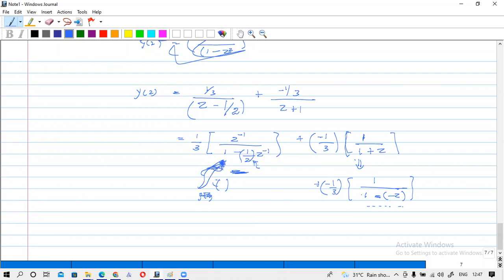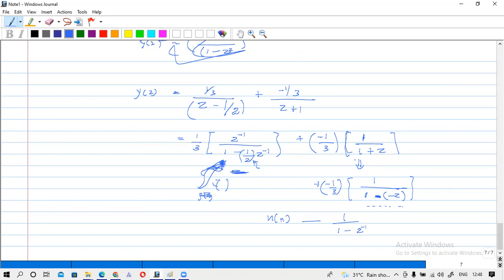Now how to find this one? If you write it in this way, 1 minus z, can you get a sense here? You know that for u n, you have 1 by 1 minus z minus 1.